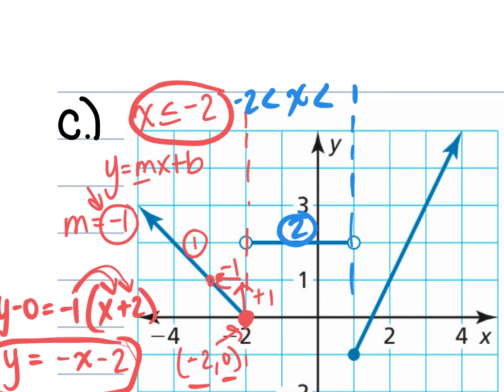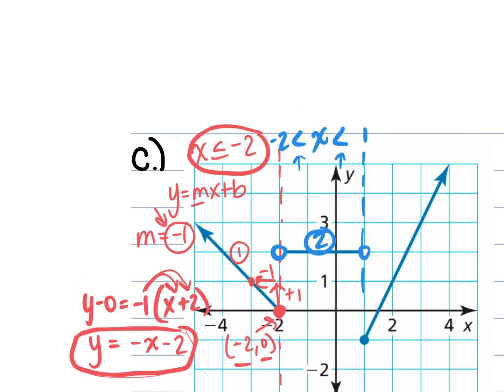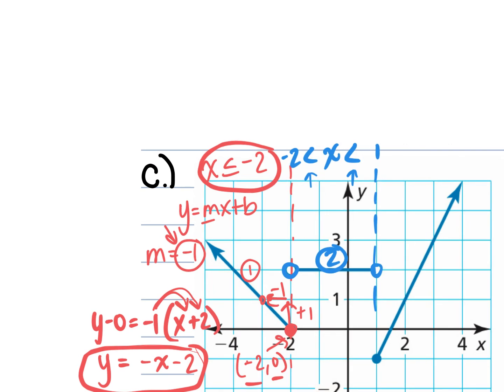Now, I know that it's 2 less than symbols and not less than or equal to because the 2 circles here are open. So now we just have to write an equation. What is the y value that it's at? The y value here is 2, so your equation is y equals 2 because it's a horizontal line. Remember, horizontal lines are in the form y equals a number. Vertical lines are in the form x equals a number.